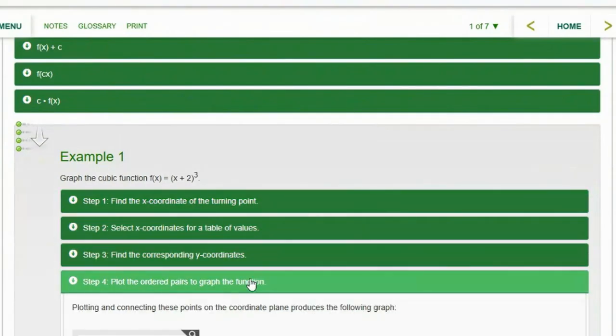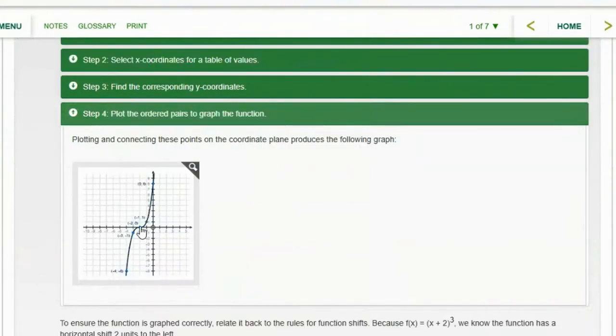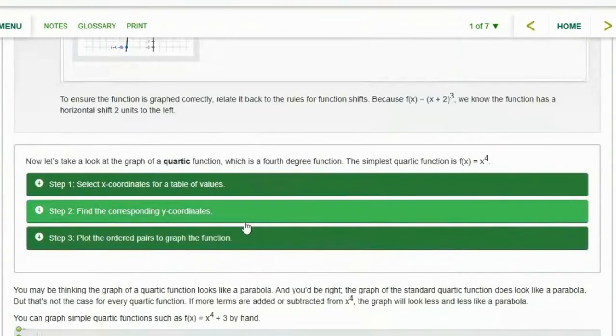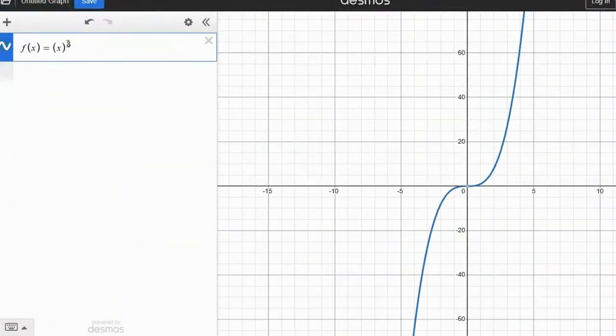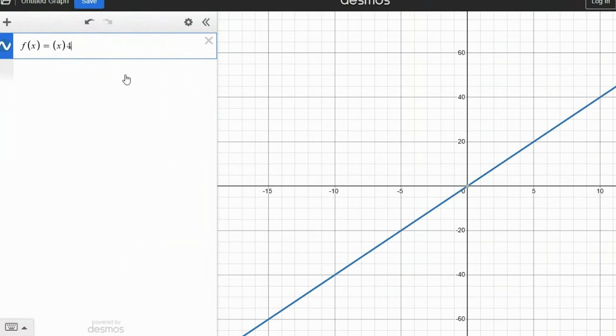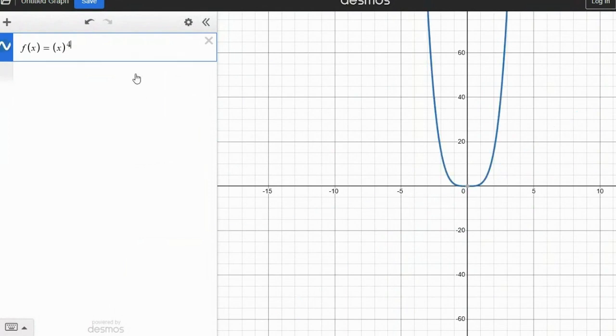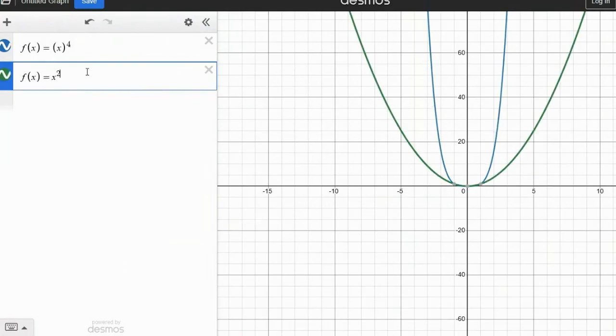They're doing it manually, but there it is. Let's take a graph of a quartic function, which is a fourth degree function. So if we want to look at a fourth degree, I'm going to take off the stuff inside there. See, it looks a lot like an x squared. Like I said, it's just a little flatter.